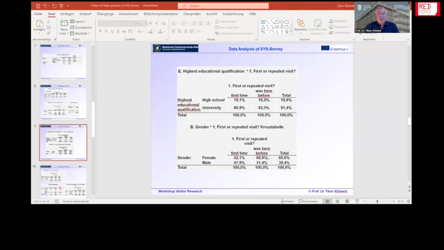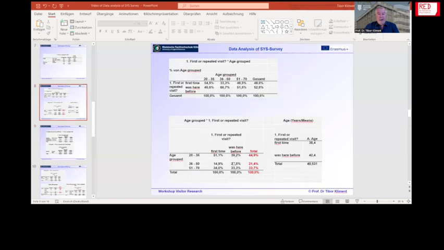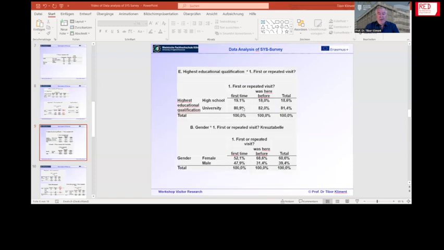So what we can conclude from this, if we take gender into account and if we take age into account, we can say that the less loyal visitors are especially men and younger people. And the loyal visitors are to a larger extent female and older. So these are the kind of insights you can draw from this very simple analysis.